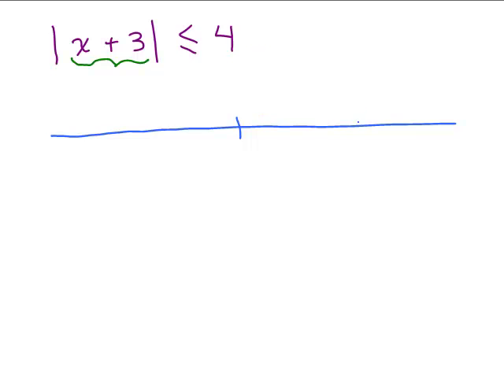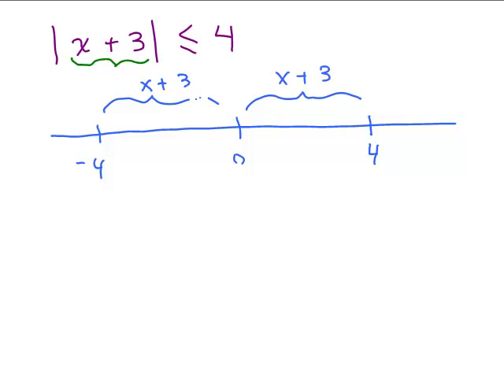Right? So if here's 0, and that's -4, x plus 3 could be anywhere up to 4 spaces. So it could be here, right? X plus 3 could be anywhere between 0 and 4, or x plus 3 could also be anywhere between -4 and 0.